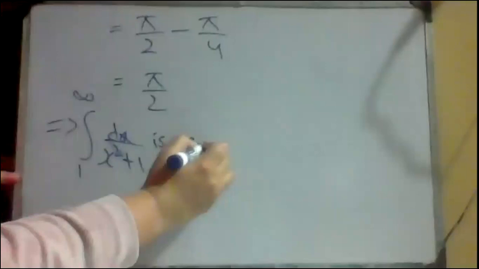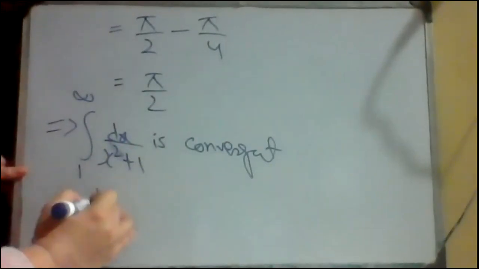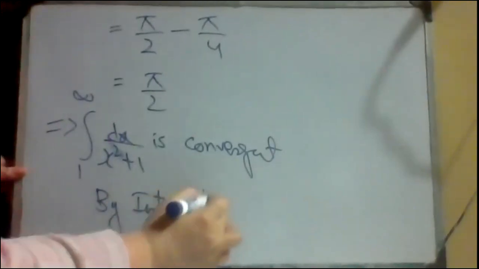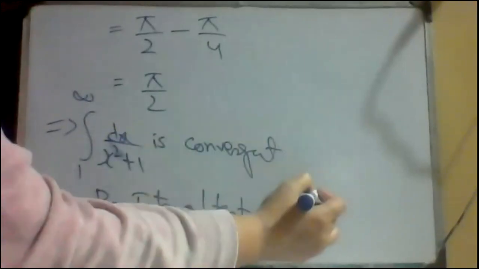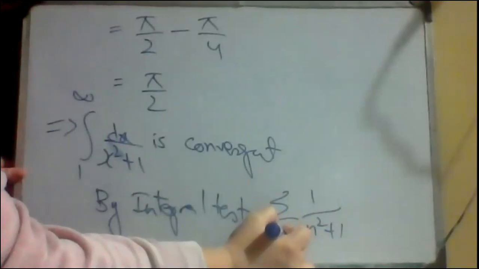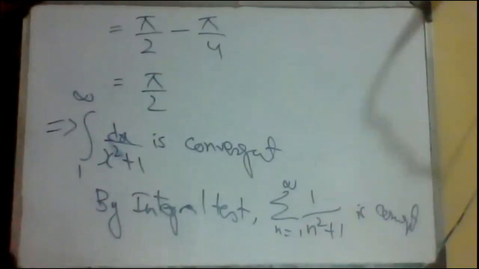So by the integral test, my series, given by this function, that is the sum of 1 over n squared plus 1 from 1 to infinity, is also convergent. So this is how you use the integral test.